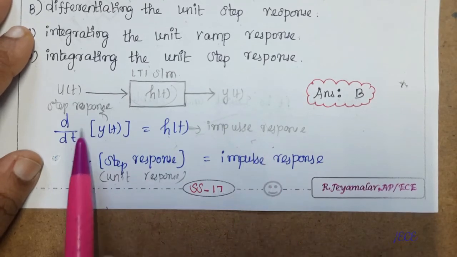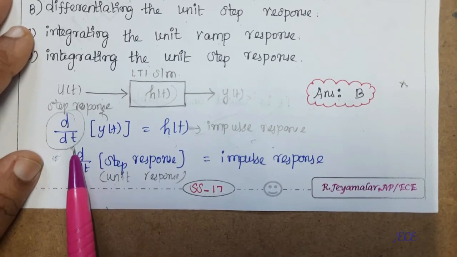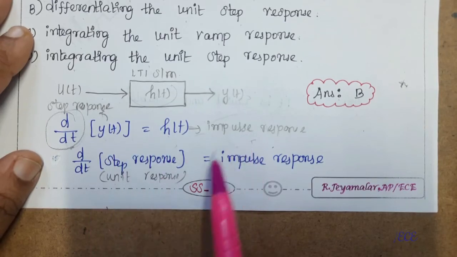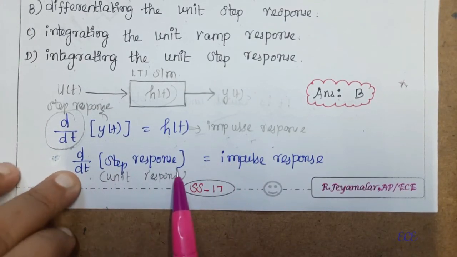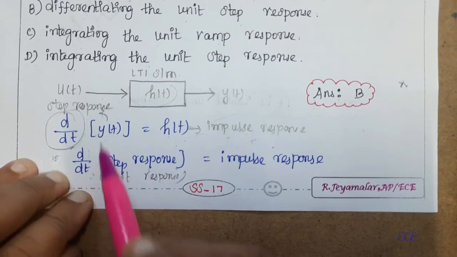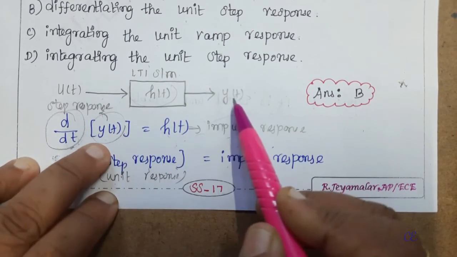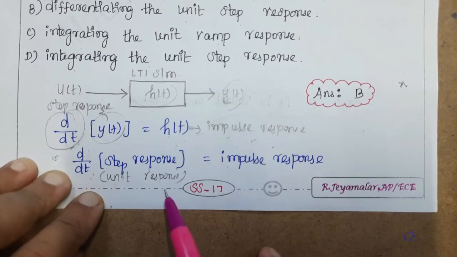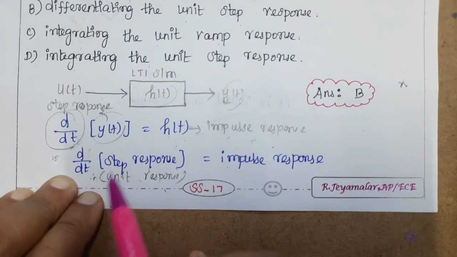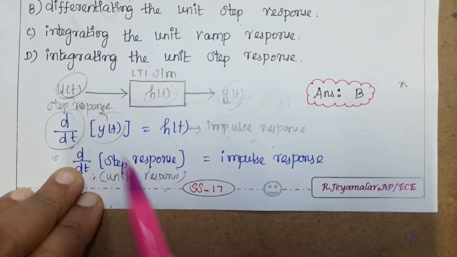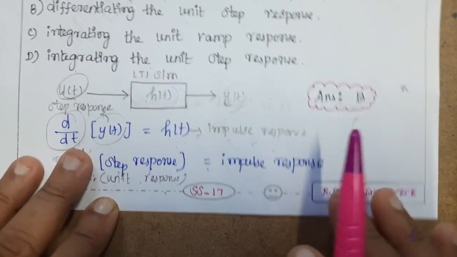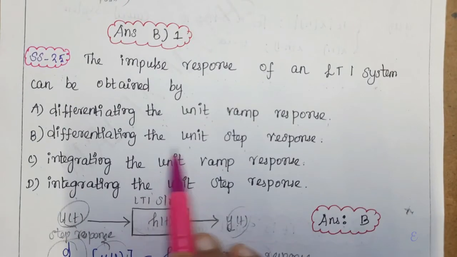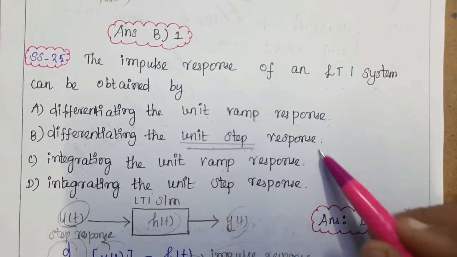Differentiating the step response, d by dt of y of t, the output, gives the impulse function. Here the input is the step, so differentiation of the step response is the impulse function. Hence the correct answer is differentiating the unit step response.